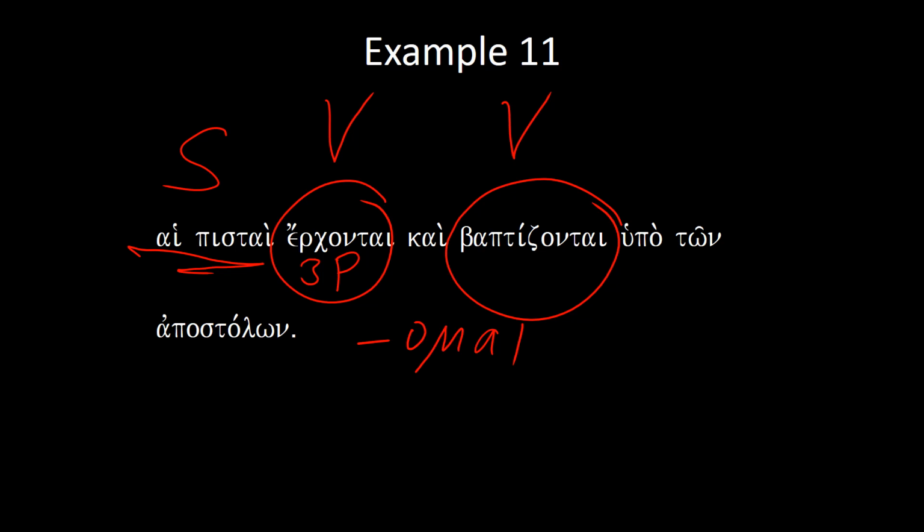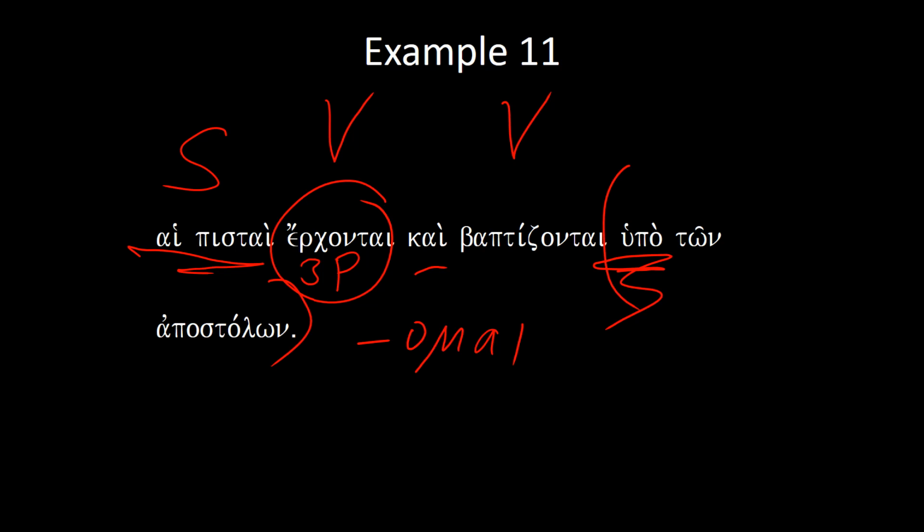The faithful women come, kai, and baptizontai hupo ton apostolon. This is from baptizo, I baptize. This is one of these number 3 endings. It's either middle or passive. Look over here. I do have an agency phrase.